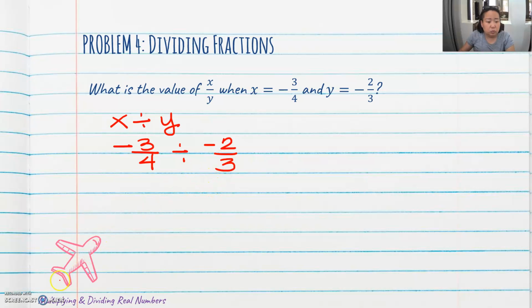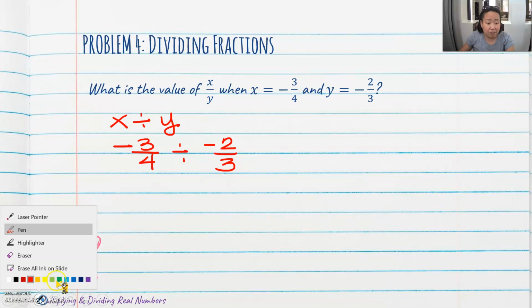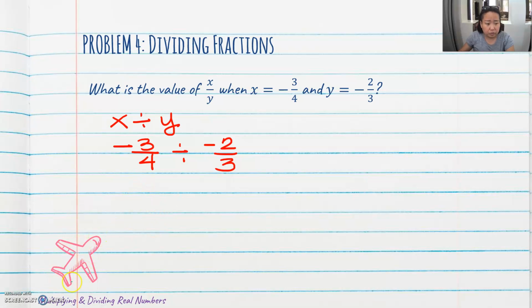What is the rule when dividing fractions? The division sign becomes its opposite, multiplication. We also apply the opposite to the divisor: since we have negative 2 over 3, we change it to its multiplicative inverse, negative 3 over 2.